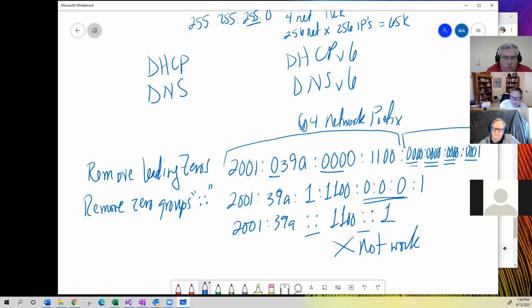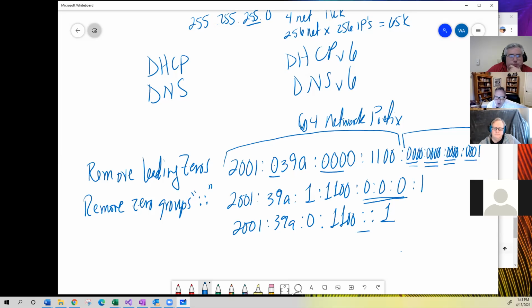So what you'd have to do instead of just those double colons there is put a 0 right there, because you'd remove the leading zeros. You'd remove the first 3 zeros, but you have to leave that as a placeholder to say, okay, that is a group of 4 zeros, and there's still 1 0 left as a placeholder.